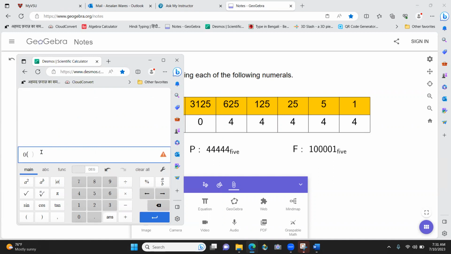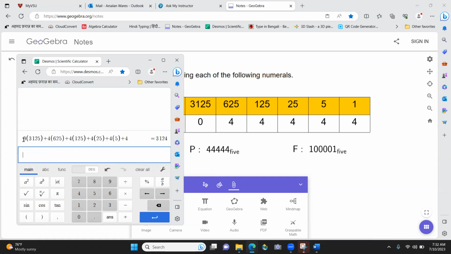Because some of the numbers will have more digits. 3,125 times 0, plus 4 times 625, plus 4 times 125, plus 4 times 25, plus 4 times 5, plus 4. I'm getting this number. All right, this is the preceding one.